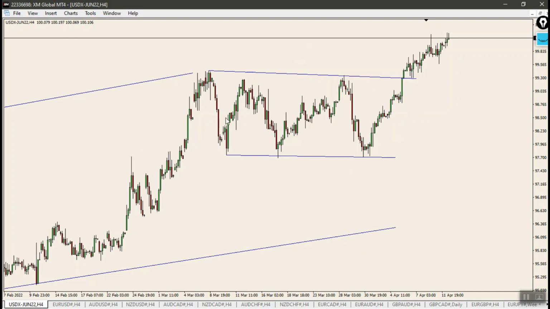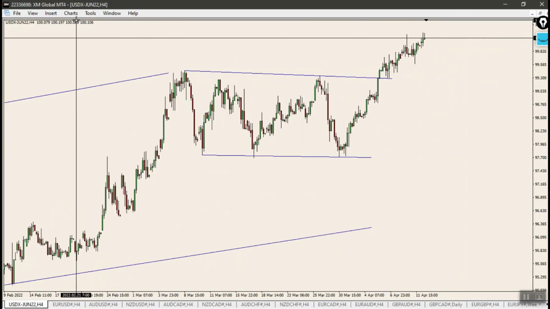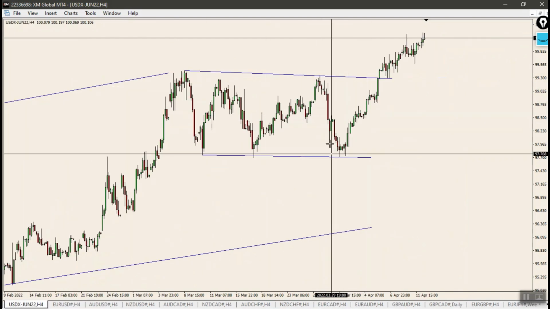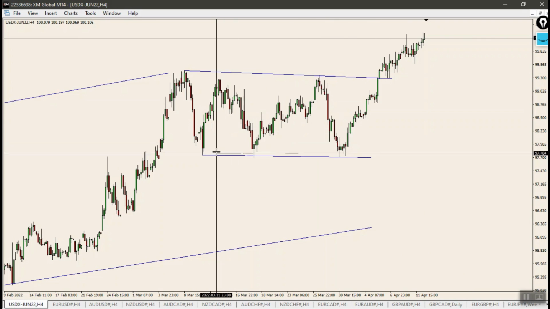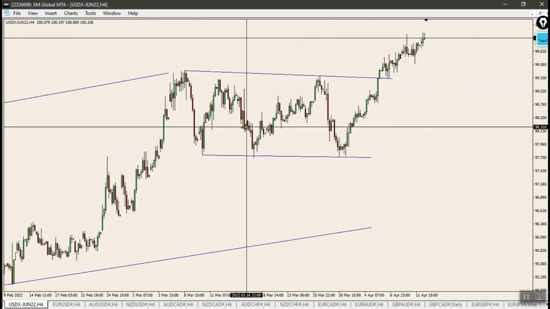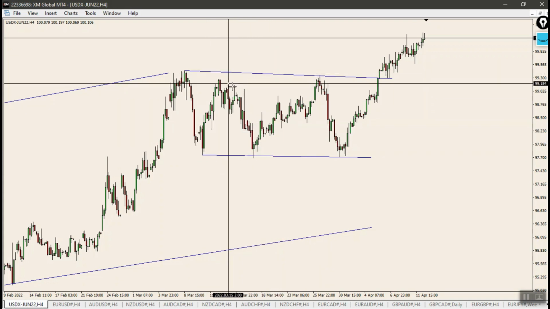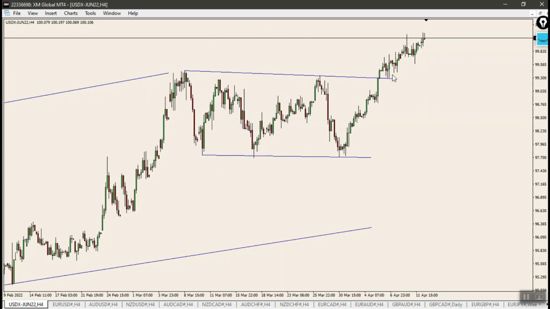Before we saw this pattern here, let's imagine that this part does not exist at all. We have these two touches and these touches above. Entering here on the second touch, when the market has now built this here.